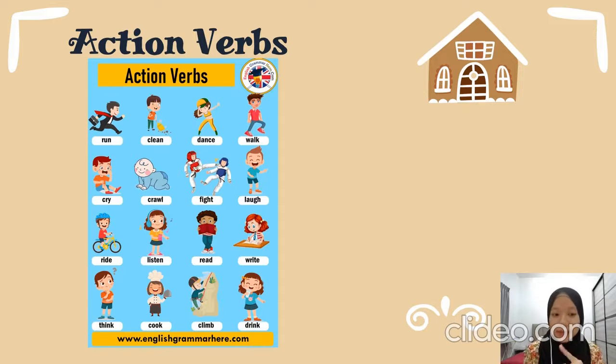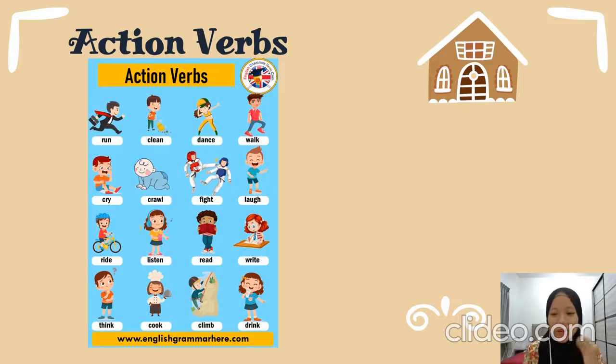And this particular handout I will give them, and they need to paste it in the book. And when I teach them these action verbs, I will teach them to say it out loud and also perform the action, such as run, clean, they need to like sweeping the floor, dance, walk.